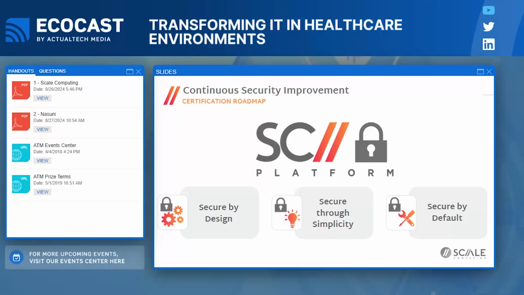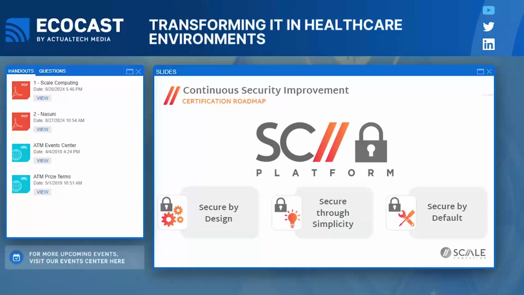Following this, we're aiming for ISO 27001 certification by the end of the year. This further validates our dedication to maintaining and improving our information security management systems. These efforts reflect our ongoing strategy to exceed the demands of security compliance and protect our customers' data with the highest level of security.